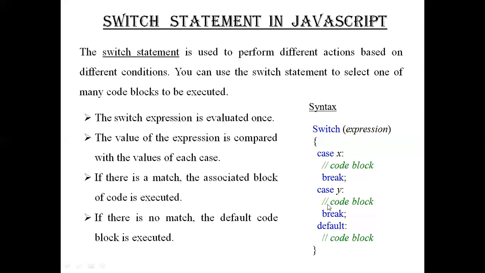These two will not be executed. So if there is a match in that particular condition, that particular block is executed. And if there is no match, the default code block is executed. It is like the last one, the default. So if X and Y both are not executed, it will directly come to the default block. That is the last condition which is to be executed.